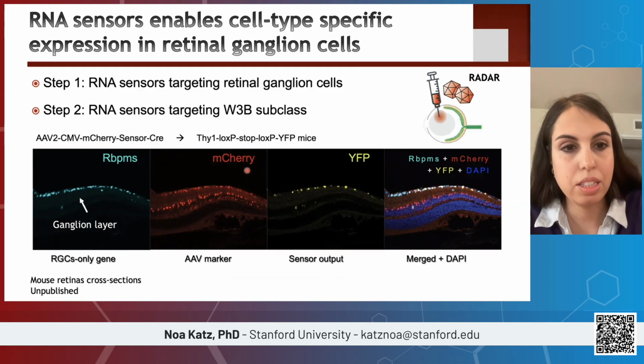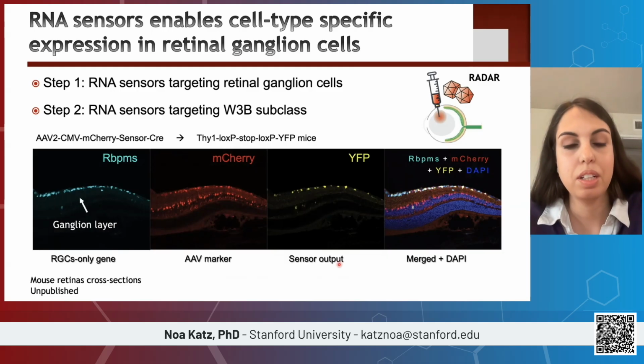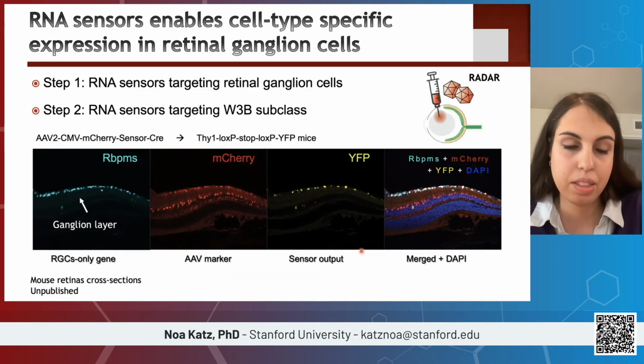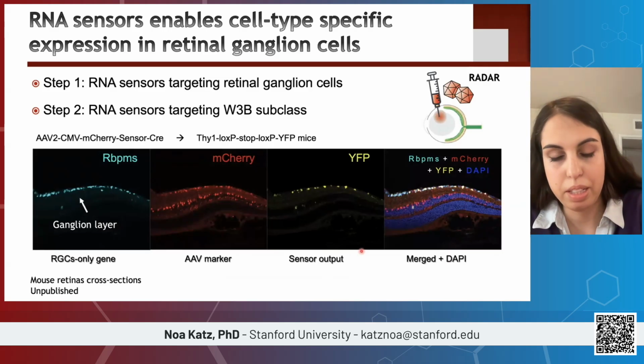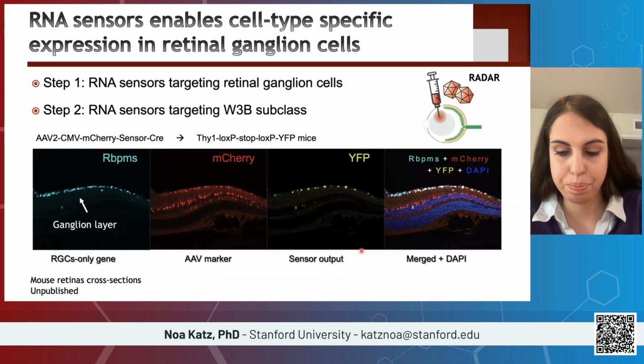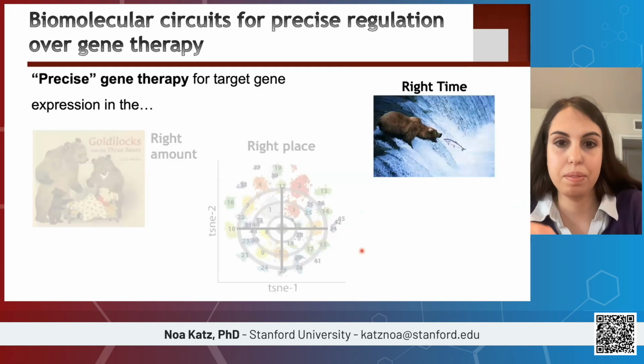And you can see the mCherry here is really nicely expressed throughout the layers. But the sensor output, which is supposed to be only specifically for our RBPMS cells, you can see is really nicely correlated with the ganglion layer. So the efficiency is not that great, but still the specificity is really nice, correlated again with the ganglion layer. So that was again promising.